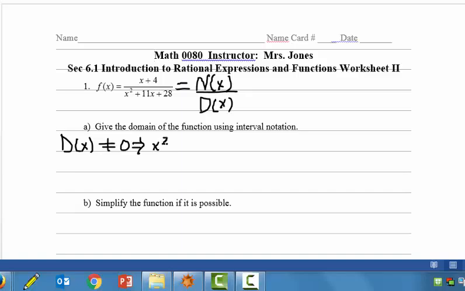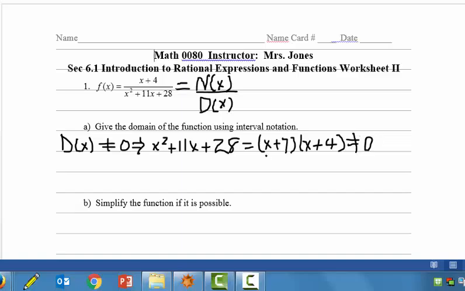So x squared plus 11x plus 28, which factors into x plus 7 times x plus 4, cannot equal 0.